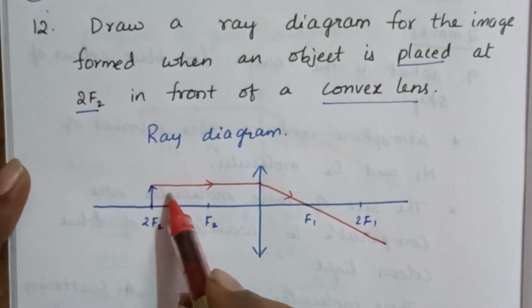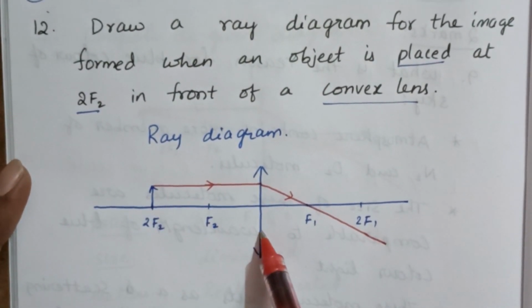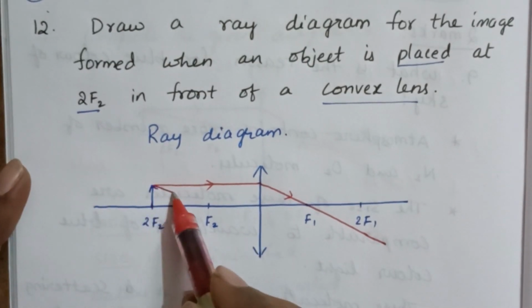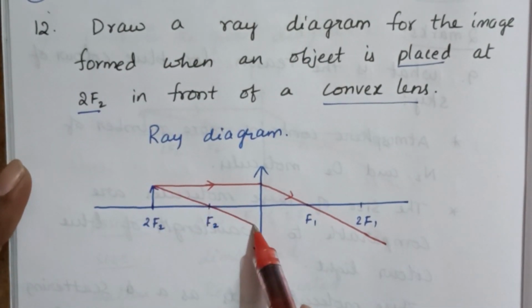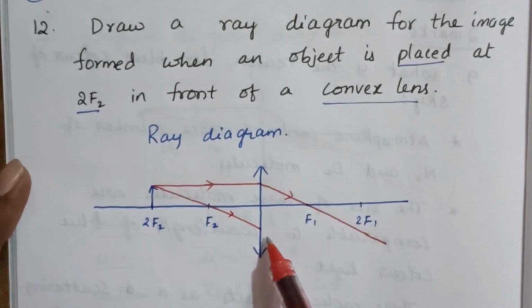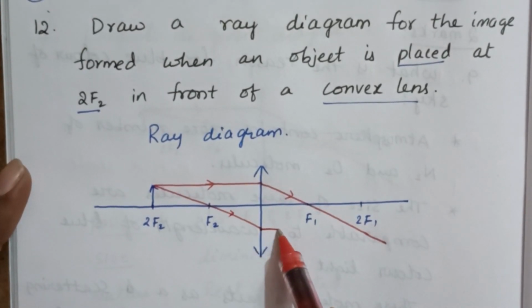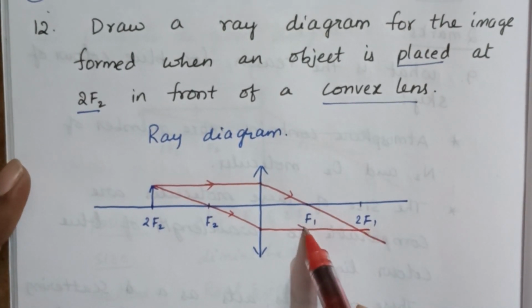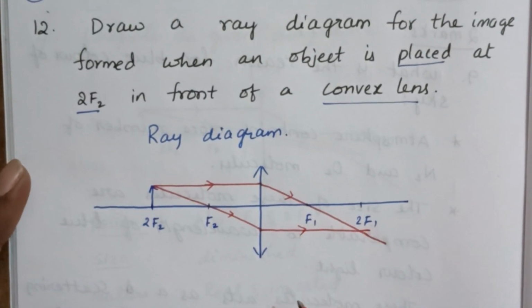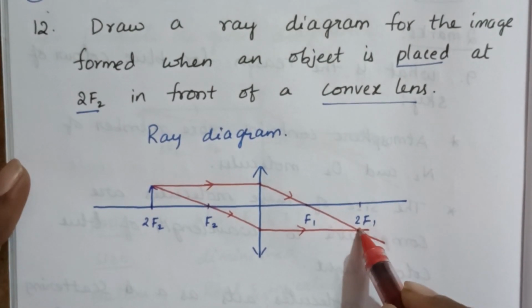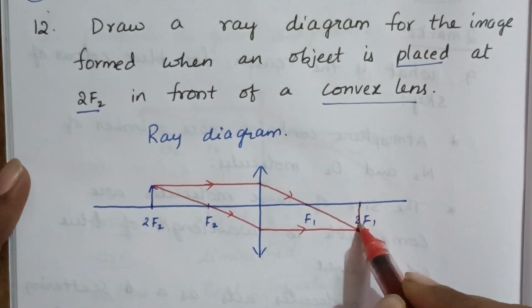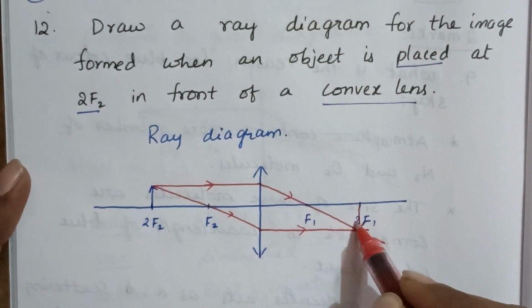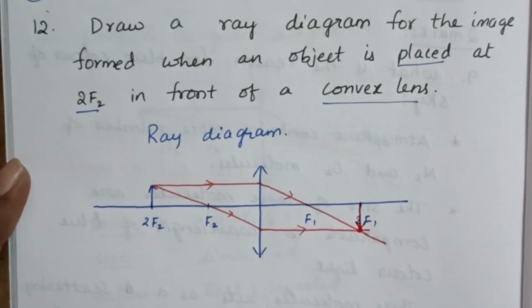If a ray passes through the focus, after refraction, it passes parallel to the principal axis. So here both rays are meeting. Here the image will be formed.